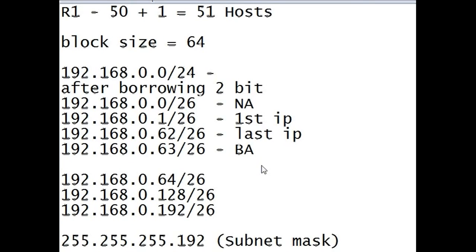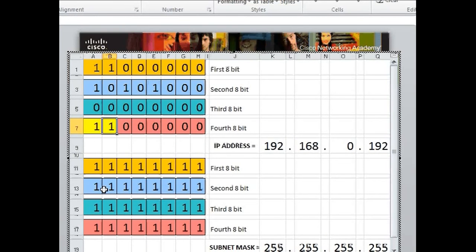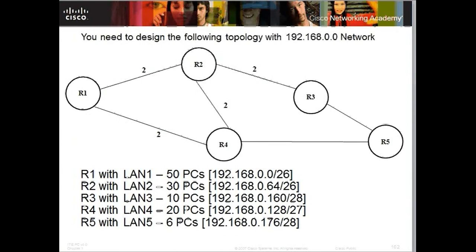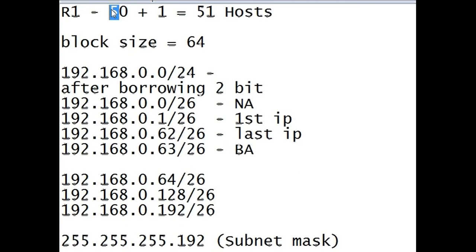192.168.0.64. Now I'm going for the calculation of the second router. Here router 2 is connected with 30 PCs. Now we have to give priority according to the size of the subnetwork. 50 PCs means 51 hosts, and 30 PCs means 31 hosts.